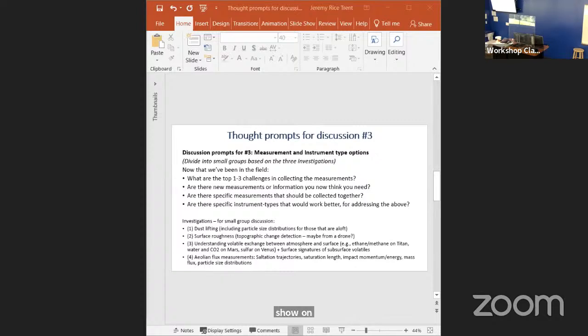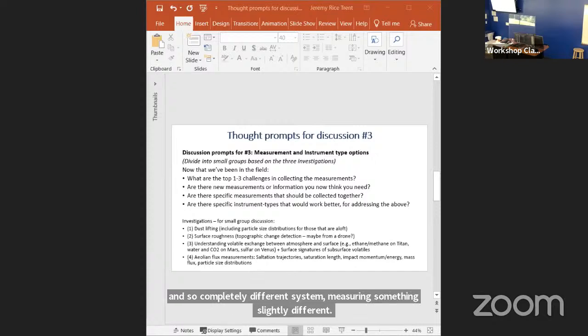So on that note, Serena, I will throw in, when I showed up my abstract, we had our normal weighing BSNEs that had a load cell. You could look at the voltage, see how much weight. But we also had one that was a high volume that really was just taking pictures of the volume. So completely different system, measuring something slightly different: not mass, but volume of the sediment.